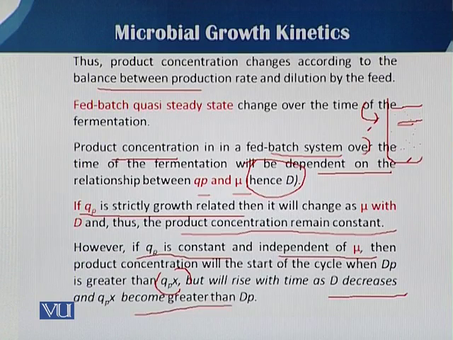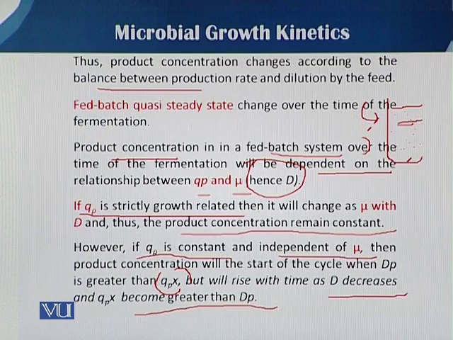We can easily say that if our product is directly associated with the biomass, then when the dilution is equal to mu, X remains constant and P will also remain constant. If D increases, then the biomass concentration decreases and the product concentration also decreases. But if D decreases, meaning the dilution rate decreases, then what happens?